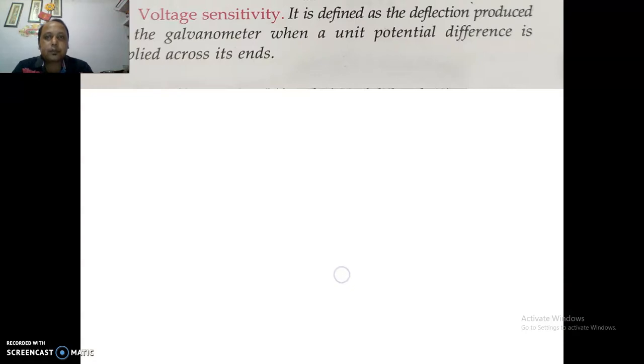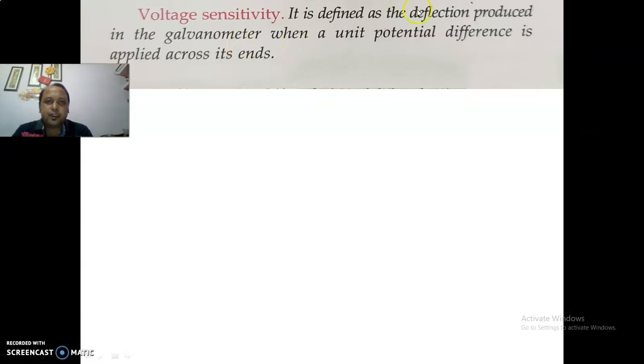Okay. Now let us discuss voltage sensitivity. It is defined as the deflection produced in the galvanometer when a unit potential difference is applied across its ends. That means a galvanometer has two terminals, and if we connect a source of potential difference across the two terminals, we will see that there is a deflection. That deflection per unit potential difference is the voltage sensitivity. So it is the deflection, alpha, upon the voltage.